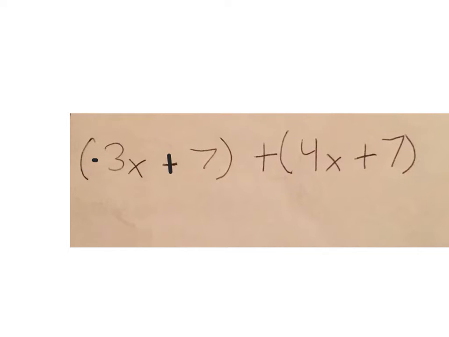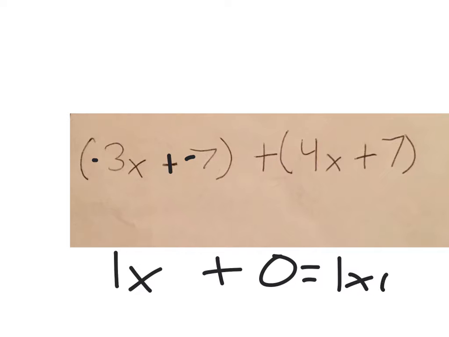And then change the subtraction sign into an addition sign and change the 7 to a negative 7. Then it's easy addition from there. So it'd be negative 3x plus 4x, which would equal 1x, plus negative 7 plus 7 equals 0. So that equals 1x or x.